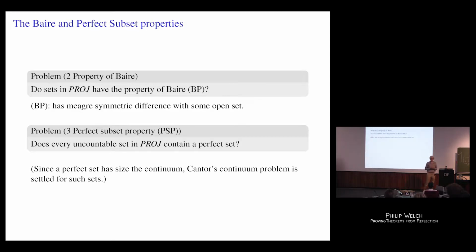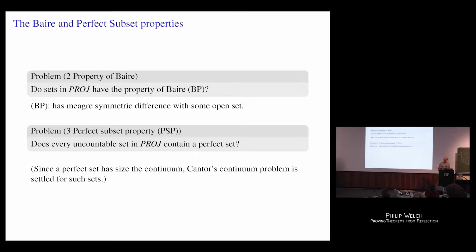This is a property enjoyed by Borel sets and analytic sets, but is it the same for things further up the hierarchy? The perfect set property, again here: does every uncountable projective set contain a perfect set?